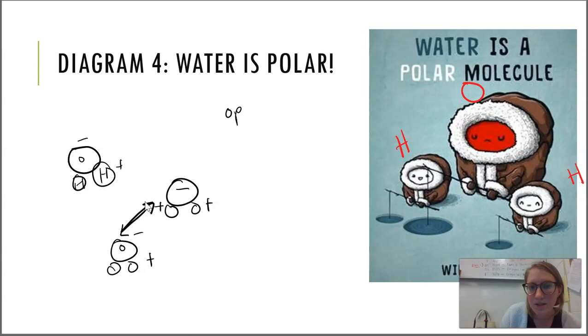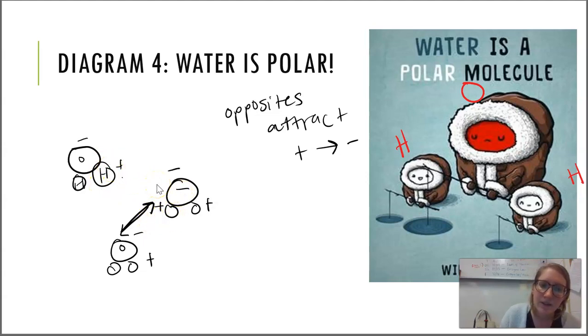So remember, opposites attract. Okay, positive is going to love negative. And these are going to repel each other. So H over here and this positive is going to repel each other, but this negative up here and this positive is going to attract one another.